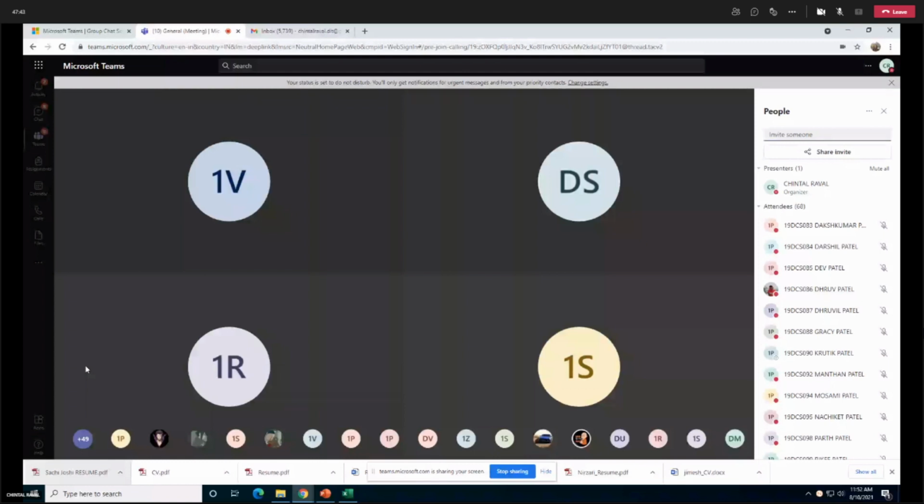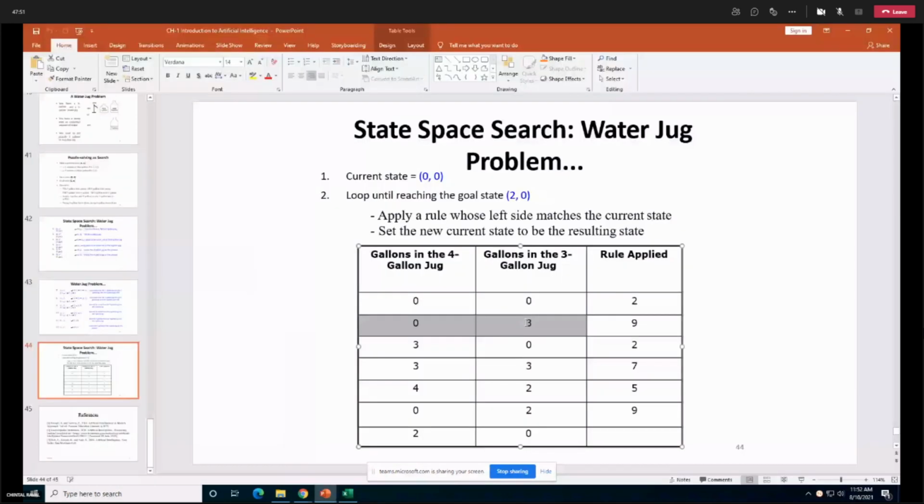Suppose I'm getting stuck at this state 03. I'm not able to find a new state, that is 30. If I'm getting stuck at a particular step in my algorithm, then it is not a good algorithm. Whatever problem you are solving, it is not causing you motion.